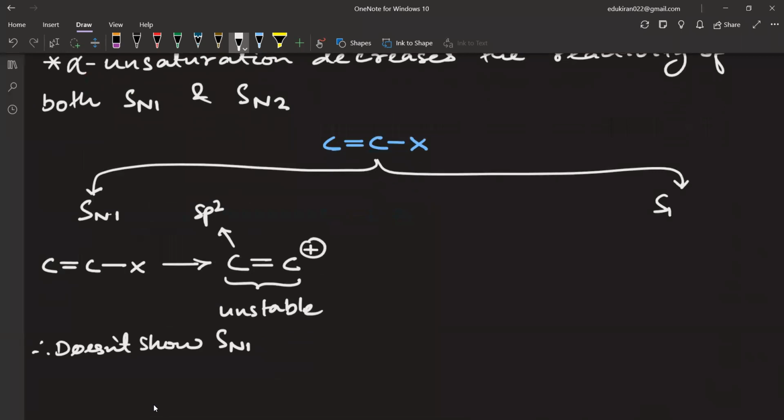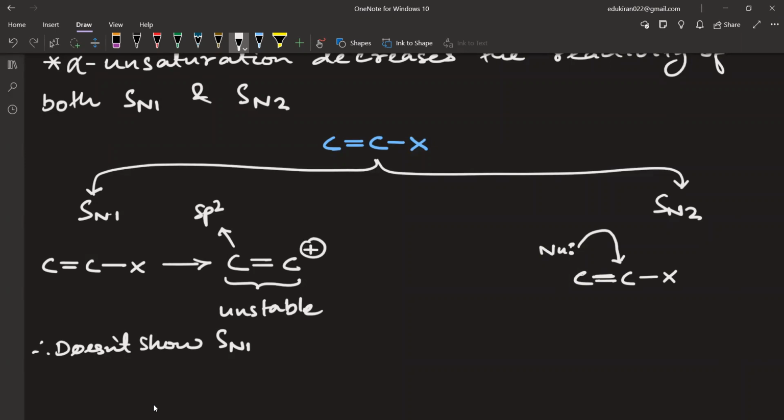Now what about Sn2? Can it go through Sn2? No. Why? Because when we have C double bond C and then X, we have a nucleophile with high electron density. Please listen, don't write. Once the nucleophile comes and attacks this carbon atom, it will see that this carbon atom is surrounded by a pi electron cloud. This pi bond is also an electron source. It is electron rich, it has a negative charge.